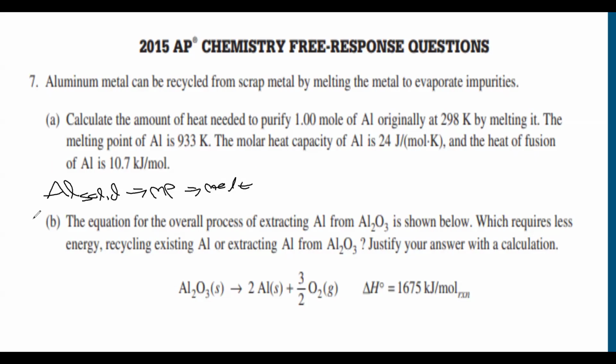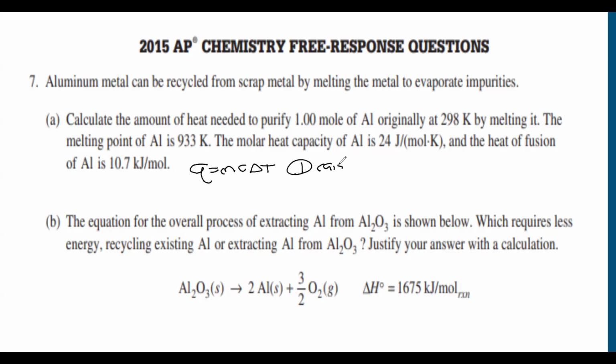Well, if they're giving us molar heat capacity, think about C, specific heat. We're going to use the equation Q = mcΔT to start. Now, this involves a temperature change, so this first step is to raise the temp to the melting point. So Q equals, we have m as moles.